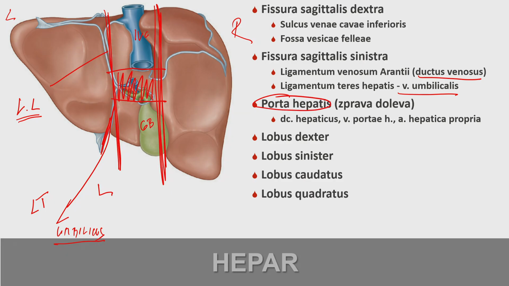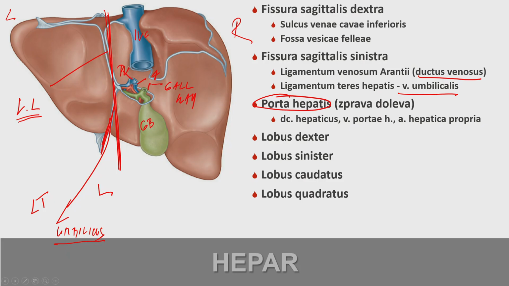Porta structures are, from right to left: bile duct, artery, and then portal vein.